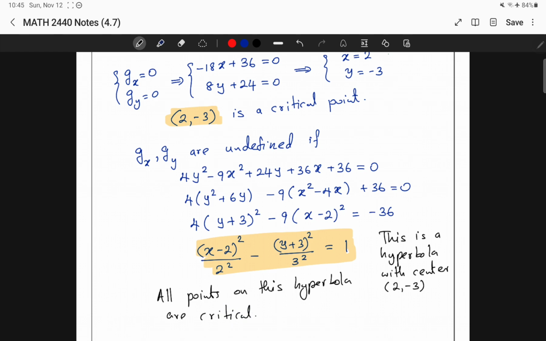In a sense, there are infinitely many critical points. Since the hyperbola contains infinitely many points, there are infinitely many critical points for this second example.